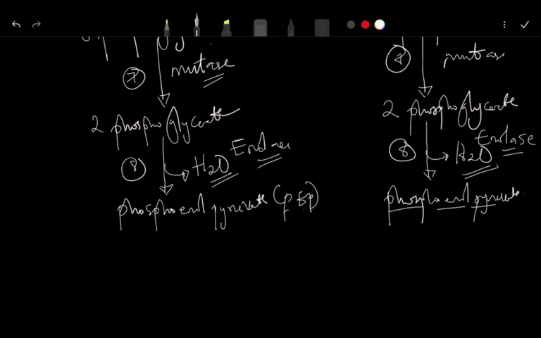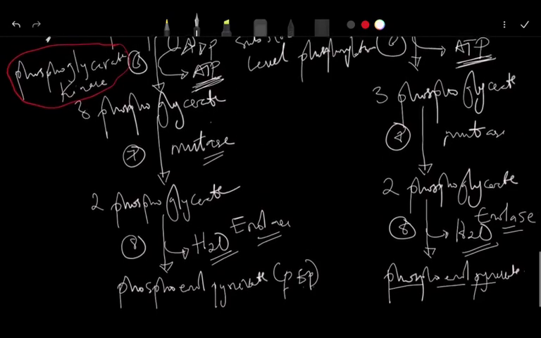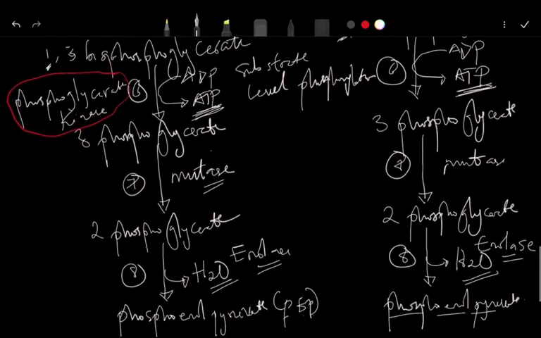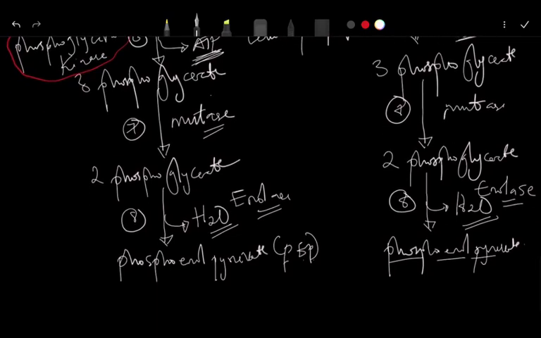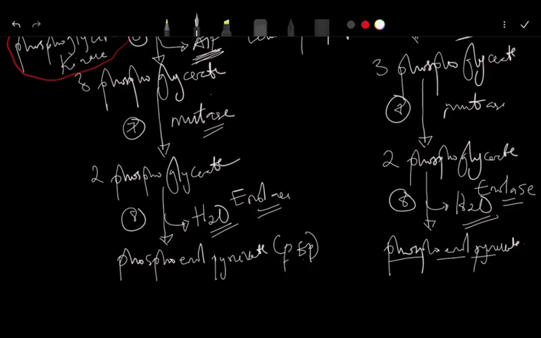Now there is a shunt somewhere that will lead to what we call the Rappaport shunt, and that shunt basically will occur more in the red blood cells when they want to offload oxygen better, so you will now see the formation of what we call 2,3 BPG.